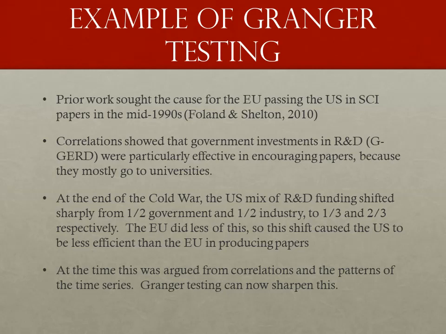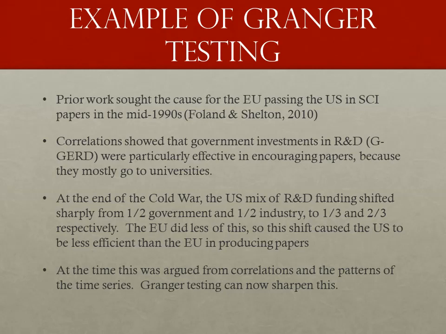And our paper then attributed this to the European Union passing the United States to take the world lead in scientific paper output. At the time, we argued this basically from correlations and the logical connection between funding as an input and research as an output.